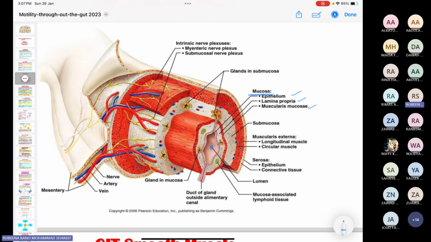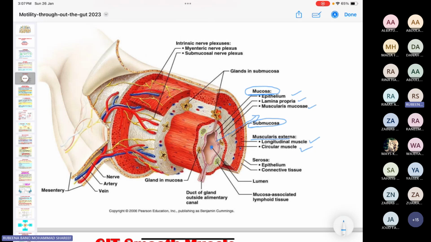So this is starting from inside to outside. The first layer is mucosa, and the next layer is submucosa, okay? And then we have muscle layer, or you can say muscularis externa, which has longitudinal muscle and circular muscle, right?